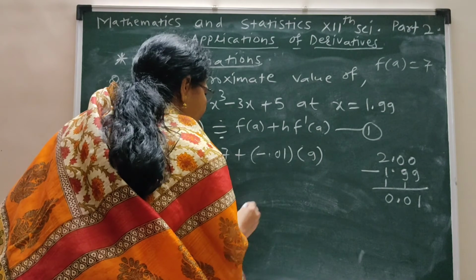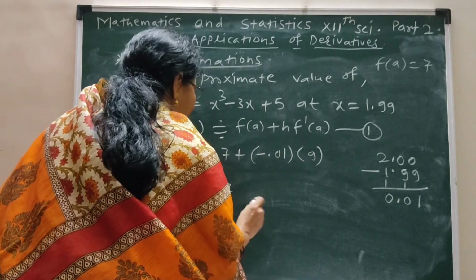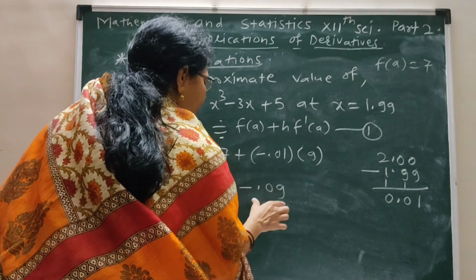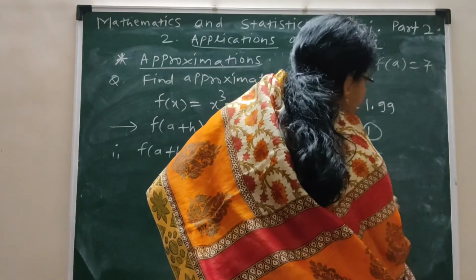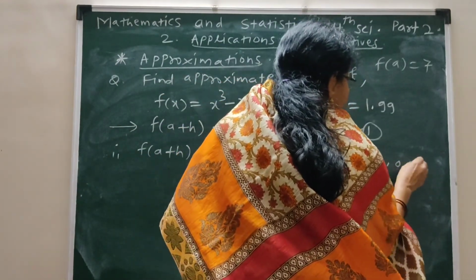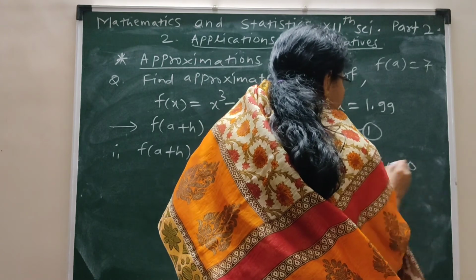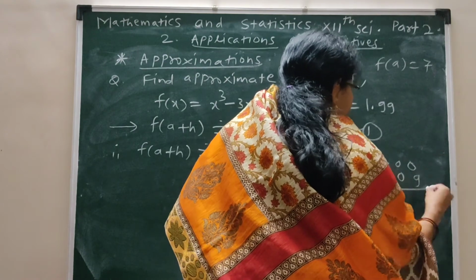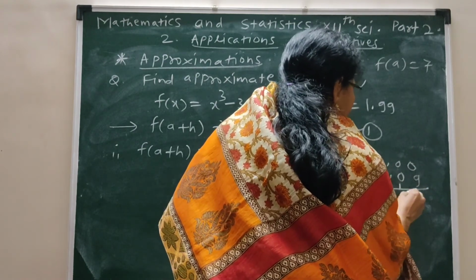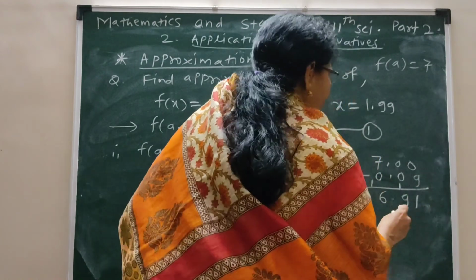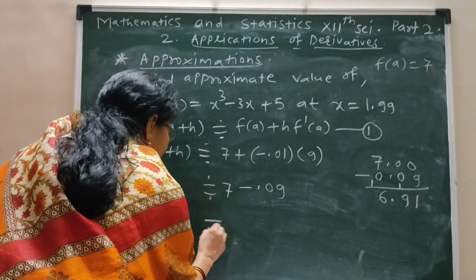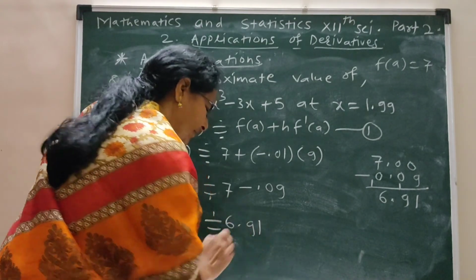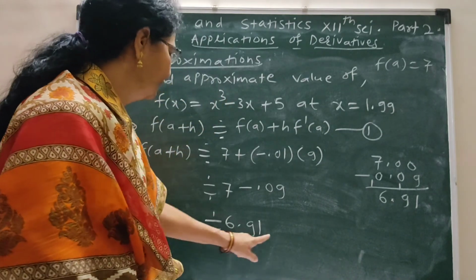So 7 minus 0.09, not 0.9, minus 0.09, which is 6.91. This is the answer, 6.91.